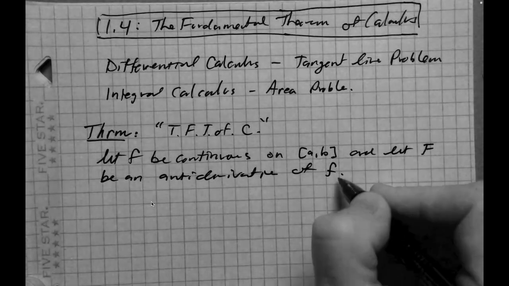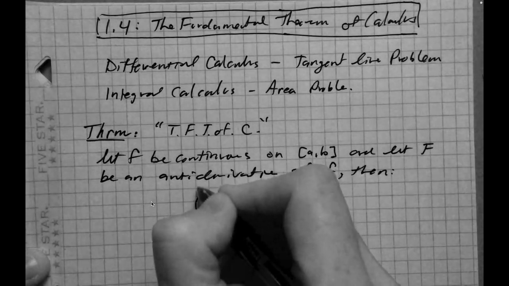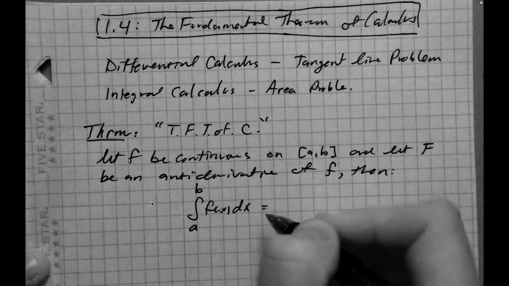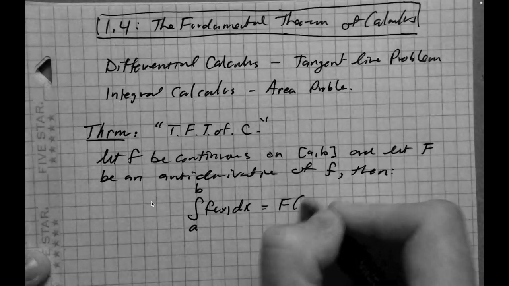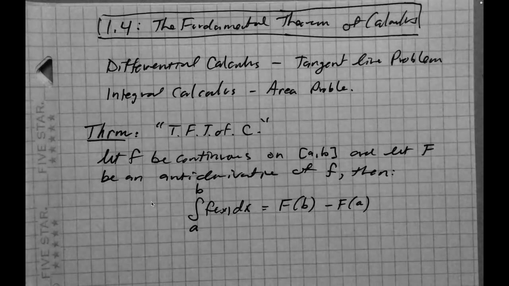Okay, then here's what we have. The definite integral from a to b of f(x) is equal to big F(b) minus big F(a).